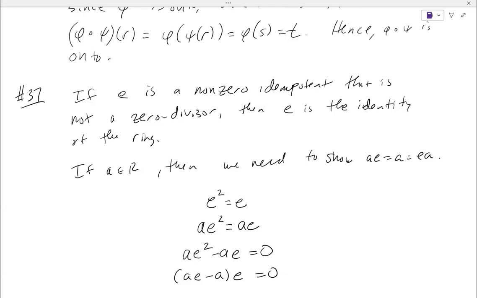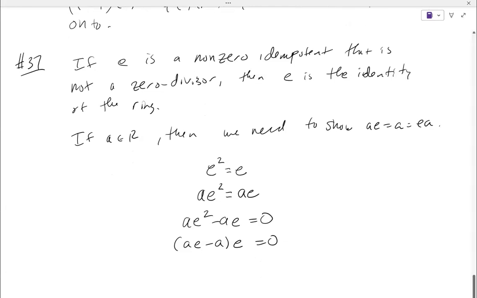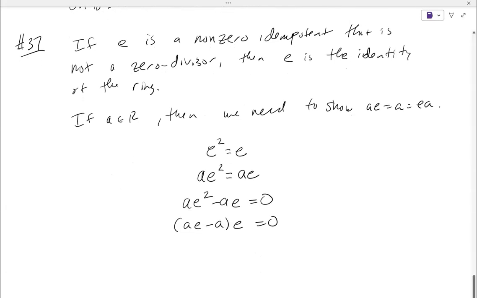So now I have a product that equals 0. I know that E is not a zero divisor, and it's non-zero, right? In particular, it's a non-zero divisor, so it can't be 0. But since E is not a zero divisor, and I have a product that equals 0, what has to be true?